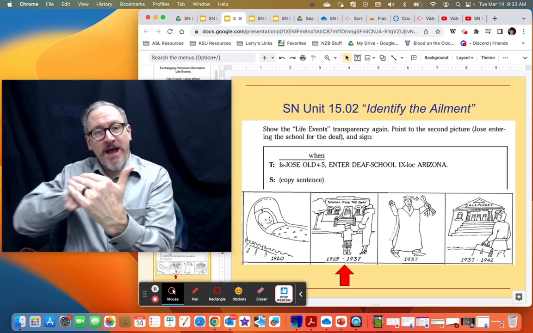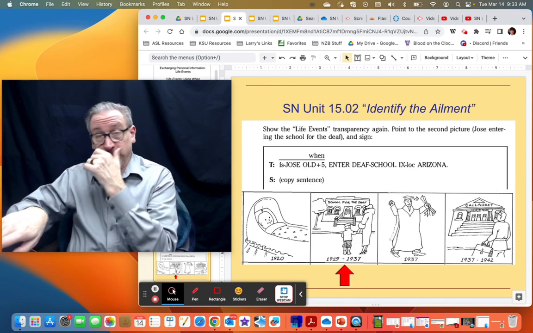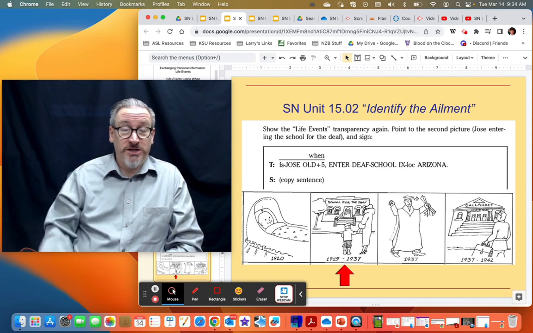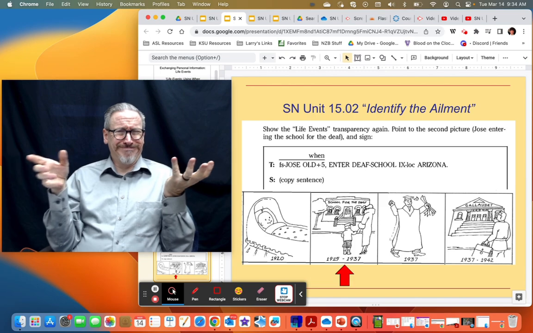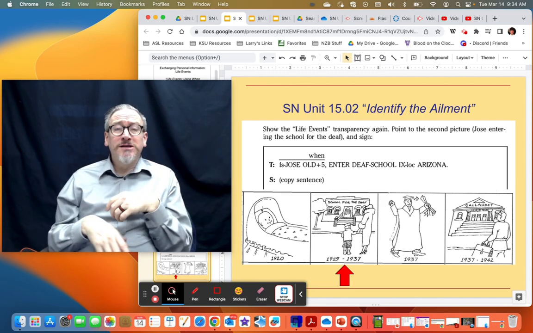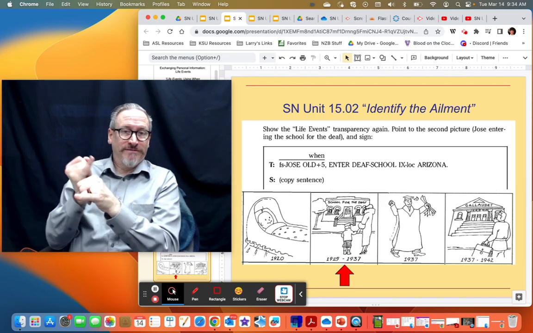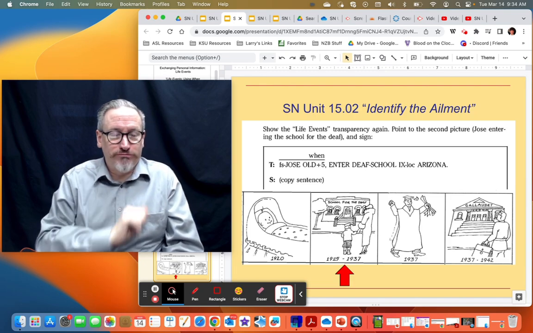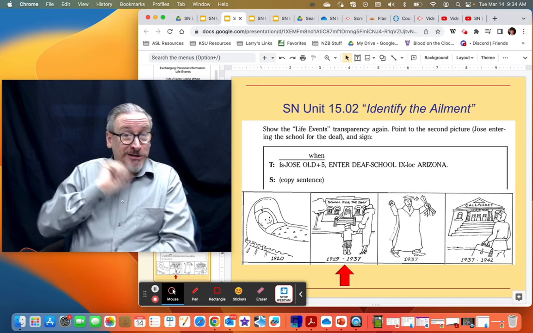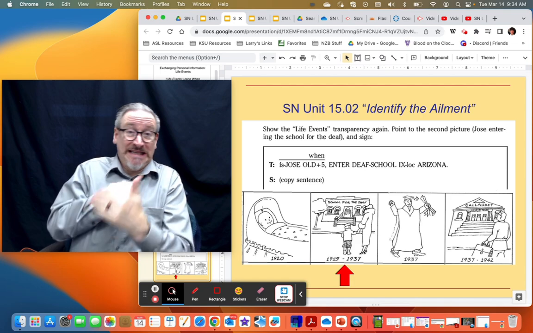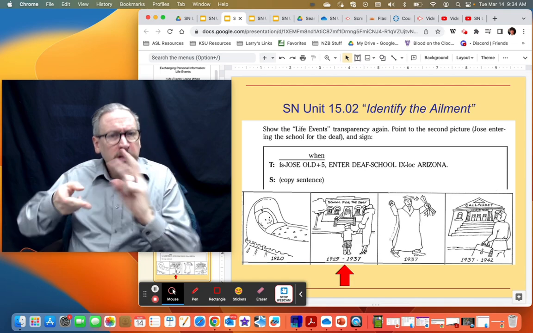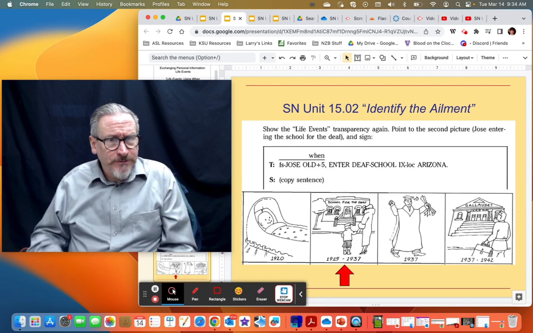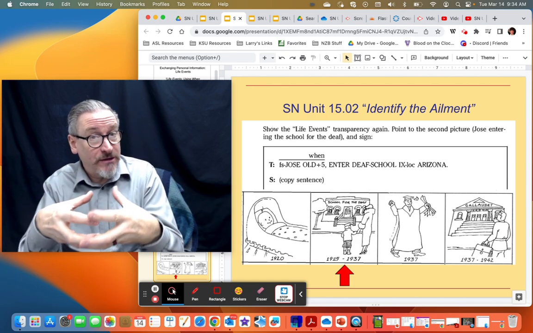So notice how when you enter, if you do it off in that direction, you're setting up that that's where the location would be. You wouldn't do entered deaf school over there. That wouldn't make any sense, right? So any one of those will work, right? As long as the information is sort of lumped together and connected.